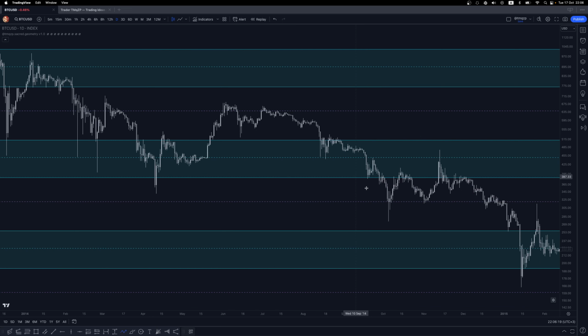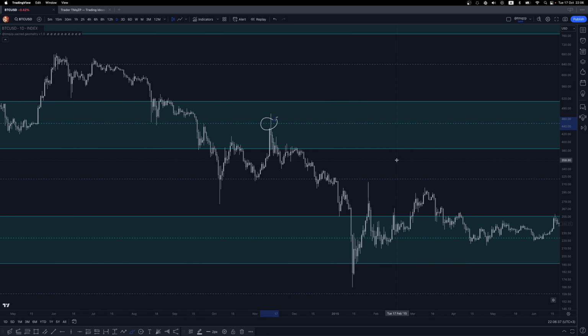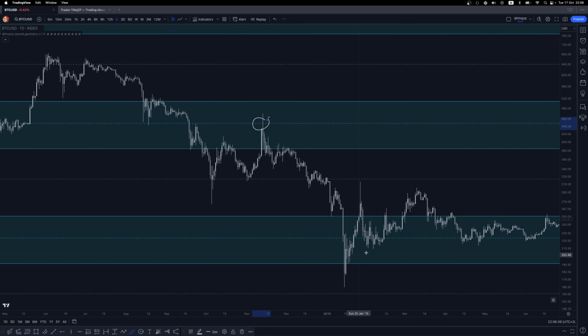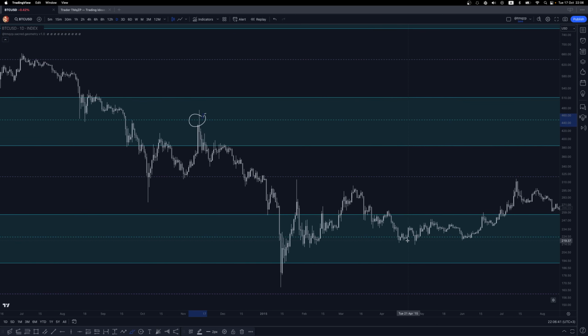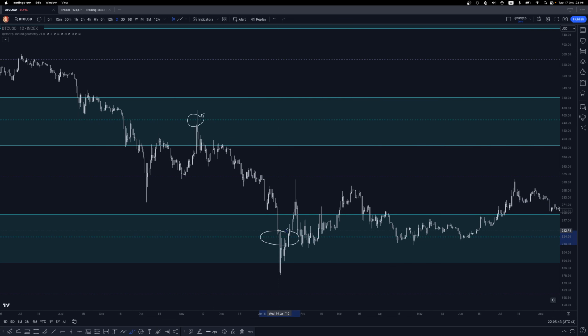Then the first actual real reaction is right here, which is a 1-to-1 from here. From here on out, it bounces off and retests the middle of the band that it previously lost. Then the big spike, the big point of control again, is right around the middle of the next band below.